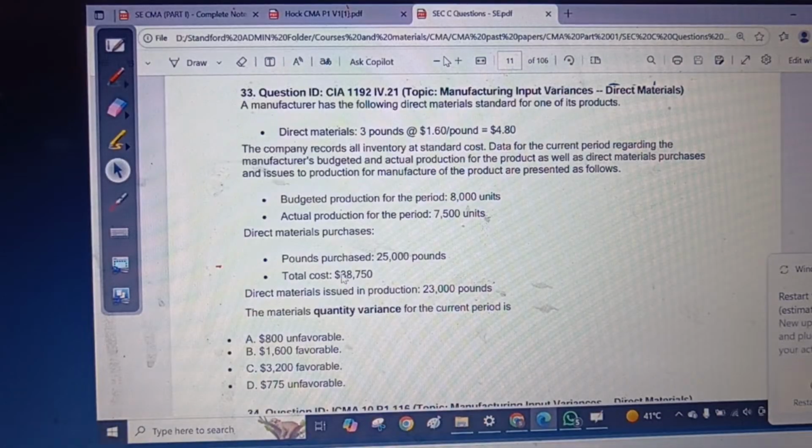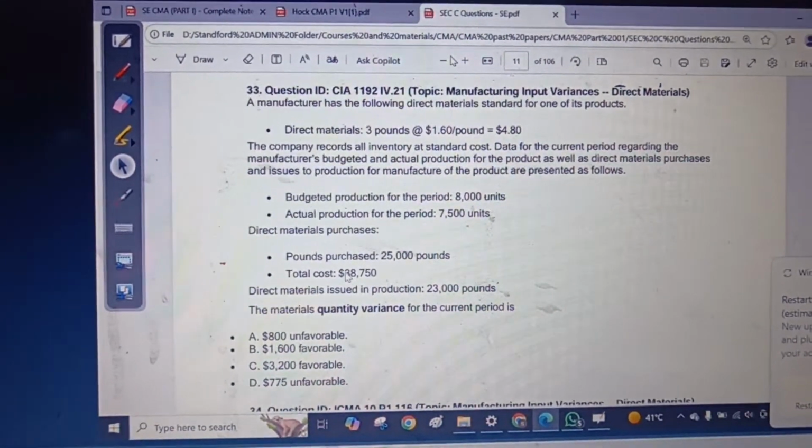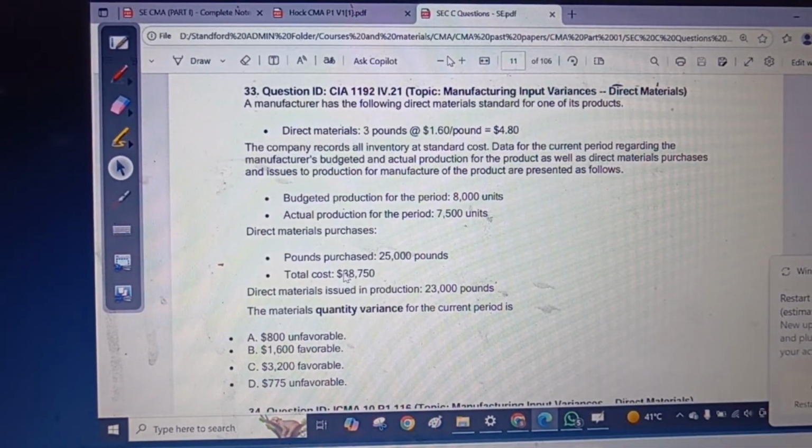It's straightforward. The actual production budget is 8,000. The production is 7,500. Direct material purchases are 25,000 pounds. Total cost is 35. Direct material is used in production. You can calculate the material variance.